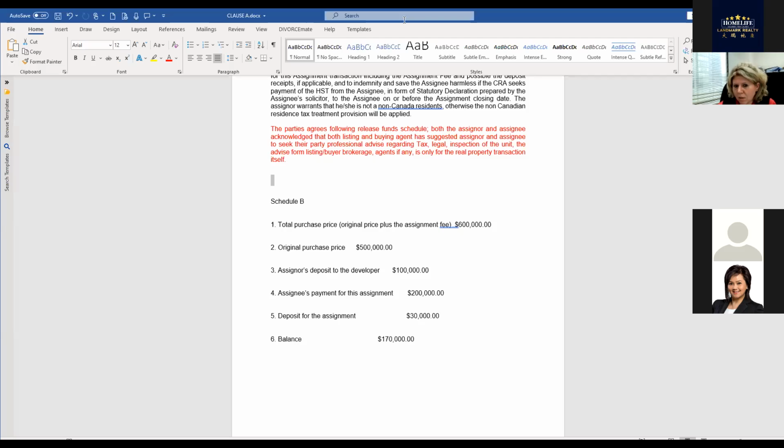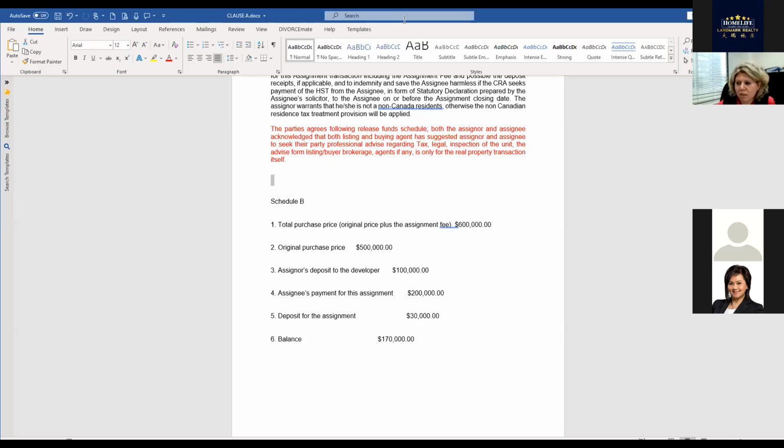Okay, so let's say at the end, the assignee says, oh, wow, I didn't expect I have to pay this much. Have you dealt with any cases like that before, and what are the remedies? For the final purchase price, I never got it.